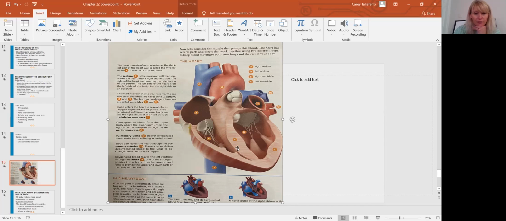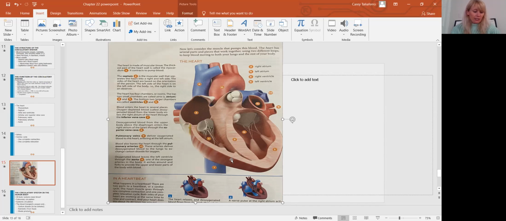So this is ventricle, labeled 5. This is the ventricle, and this is the ventricle. And again, this would be the person's left ventricle and the person's right ventricle. So again, 2 atria, 2 ventricles. Atria are the upper chambers, ventricles are the lower chambers, and the atria are smaller. This is the person's right atrium and the person's left atrium. Okay, right atrium, left atrium, right ventricle, left ventricle.